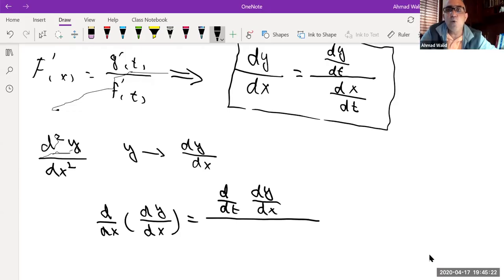I replaced y with dy dx. Agree? This will be the formula if you want to find the second derivative of your parametric function.